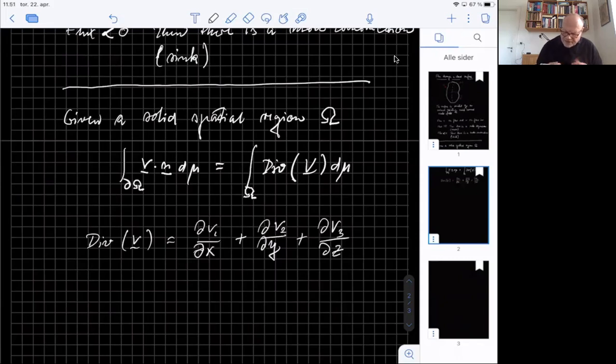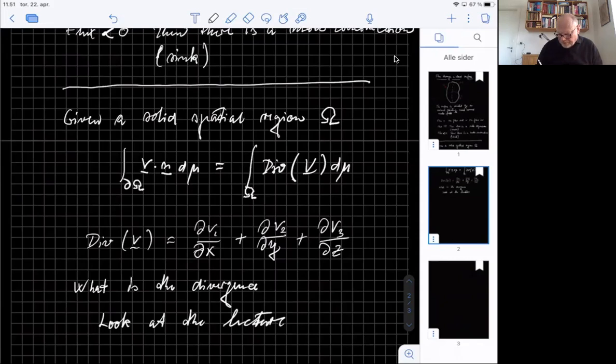And if you want an idea of what the divergence is, then look at the lecture Maple demo. This is uploaded together with these lectures.